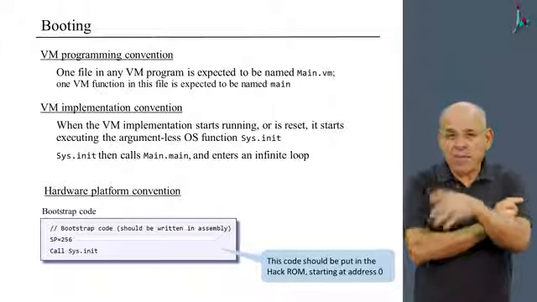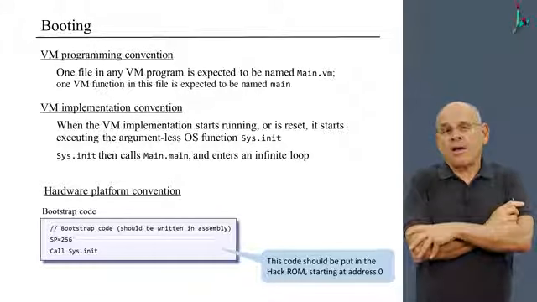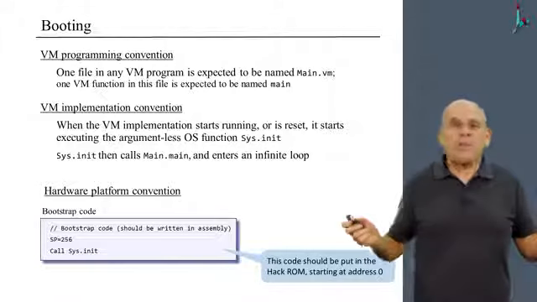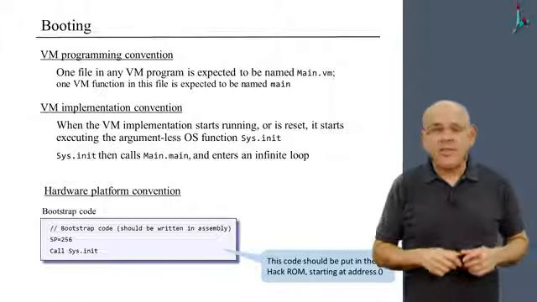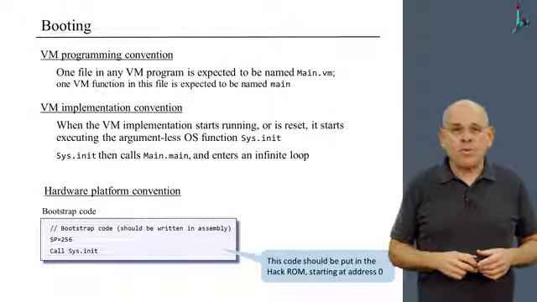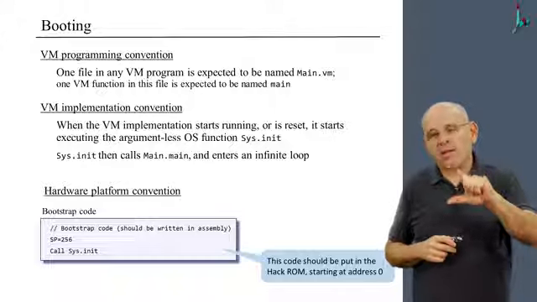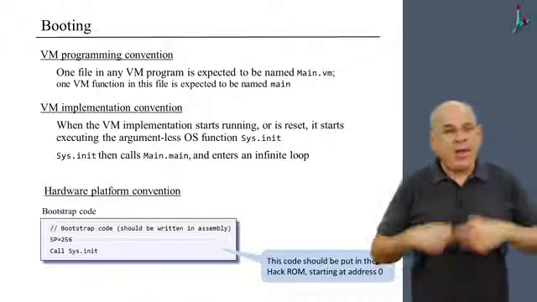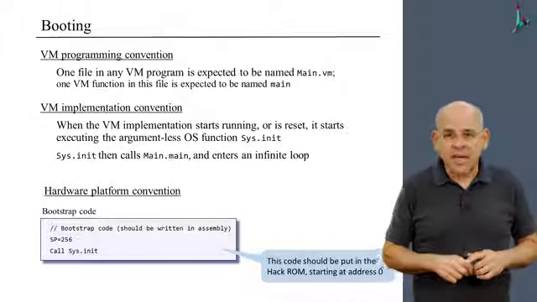And not only Hack, most computers in the world comply to this convention. So the first thing that the computer will do is set SP to 256. And by doing this, it will determine that the stack should begin in this address in the host RAM. And then it will call sysinit.